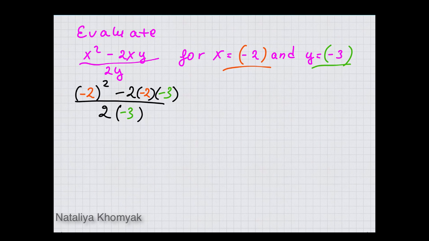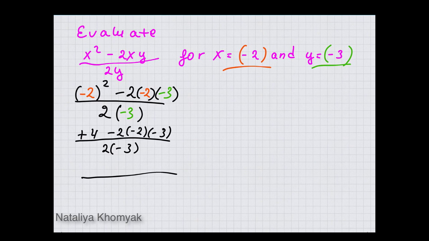So first thing, exponents. Negative 2 times negative 2 gives us positive 4 instead of negative 2 to the second, negative 2, negative 3, 2, negative 3. Then we want to multiply and divide.